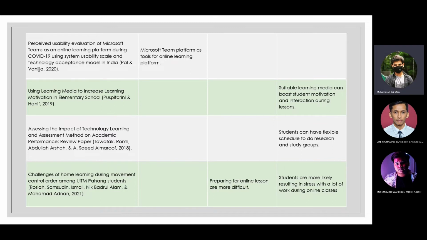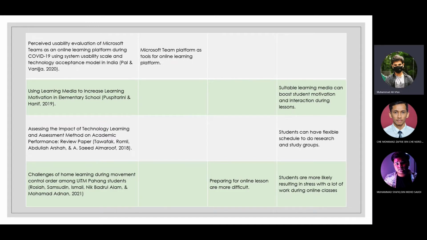So the impact of technology on education is that suitable learning media can boost students' motivation and interaction during lessons. As far as assigning the impact of technology, learning, and assignment goes, students can have flexible schedules to use research and study groups.